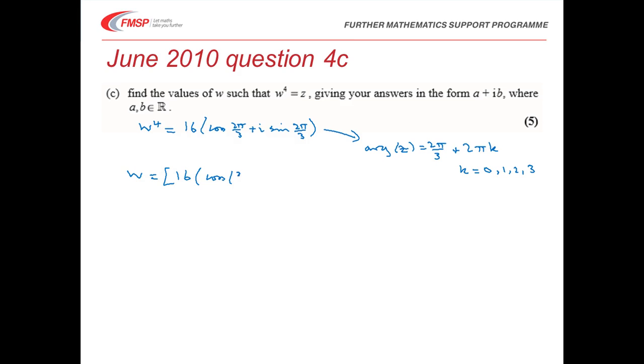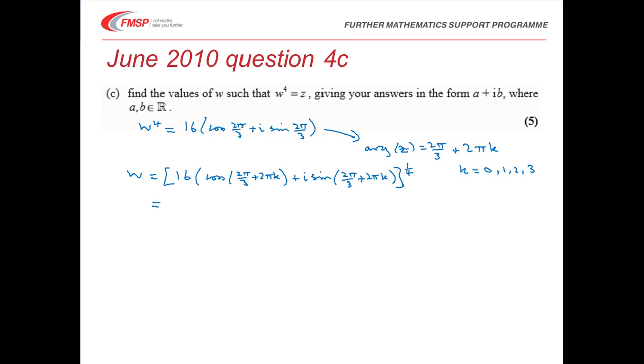So now, when I take the 4 through to both sides, I'll get w is 16 (cos(2 pi by 3 plus 2 pi k) plus i sin(2 pi by 3 plus 2 pi k)) to the power 1/4.